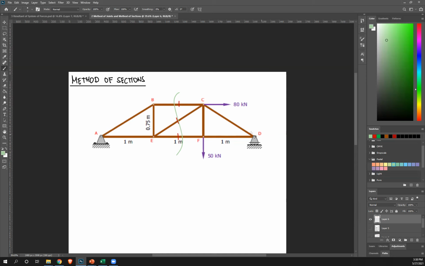Since I'm gonna isolate the right side, I need to find out the reaction at D. So let's solve reaction at D. Let's call that RD. I'm assuming it's upward. Again, these are just assumptions.